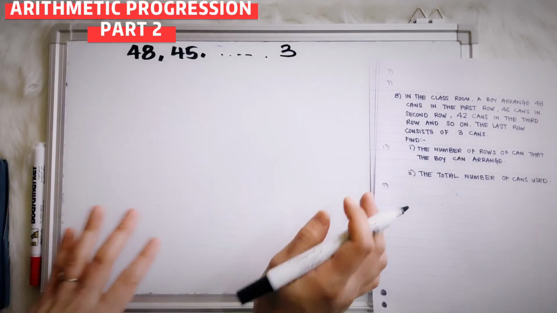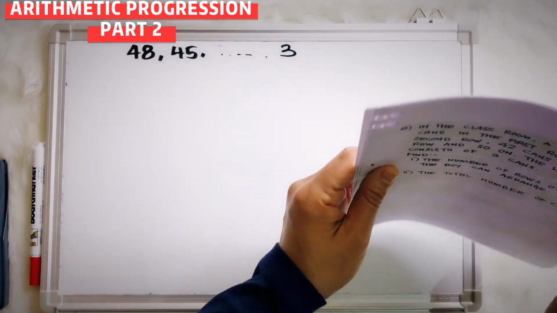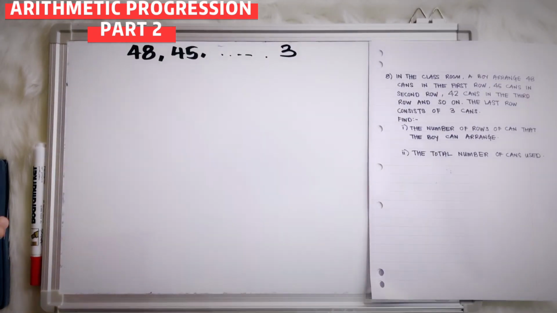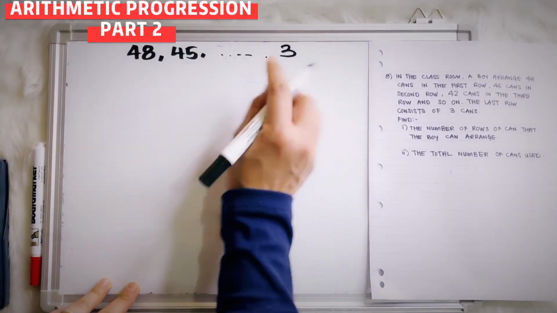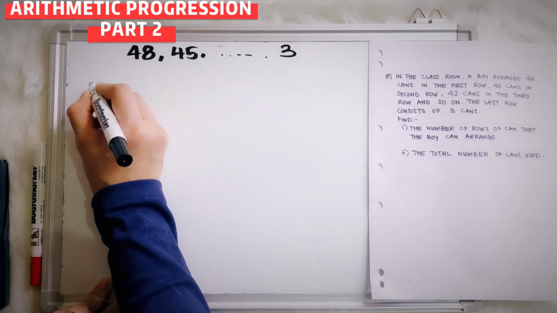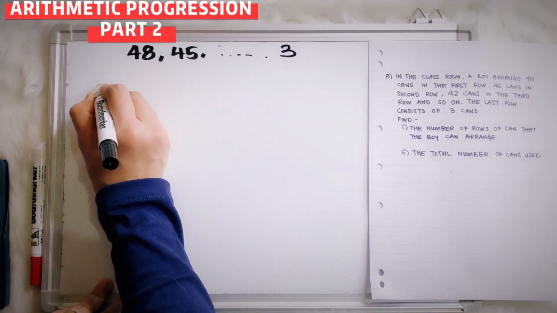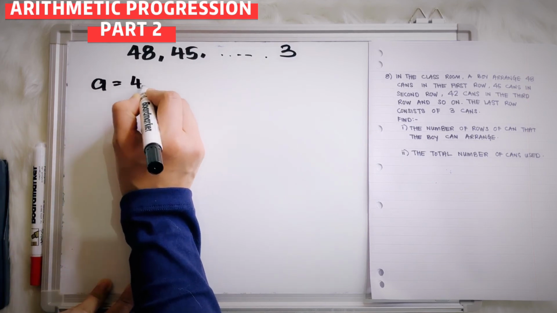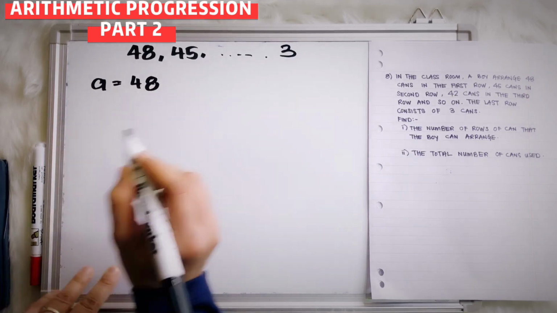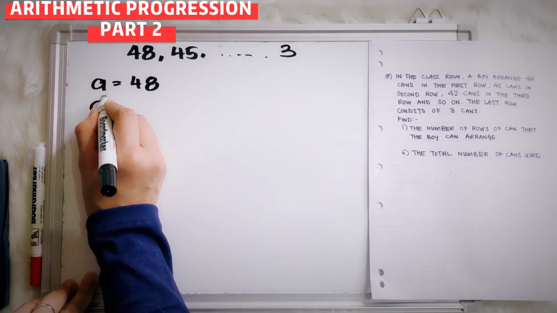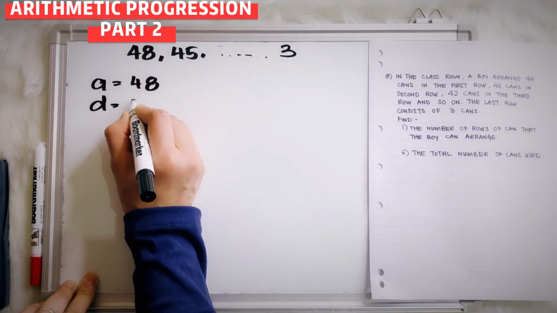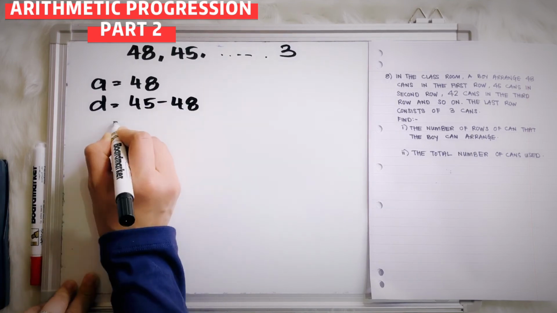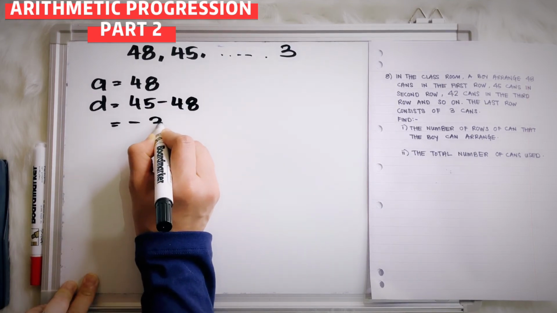Find the number of rows of cans that the boy can arrange. So we have to find how many rows, but we know the last one is 3. I can use our A is 48, and our D is 45 minus 48, so your D now is negative 3.